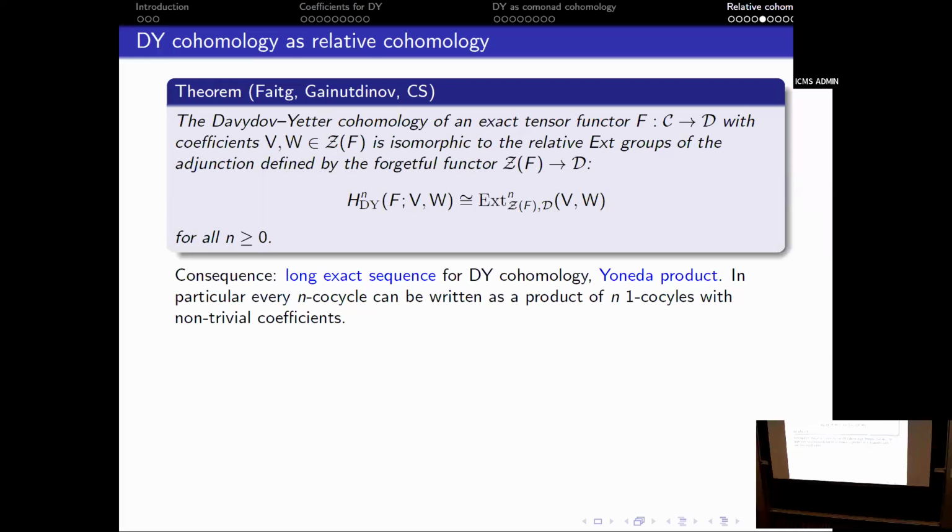And what we also gain is that we get Yoneda products, and we can write down n-cocycles in terms of products of one-cocycles. And this means we do not only know that there must be some deformations, but we can get the deformation data very explicitly. What are Yoneda products?